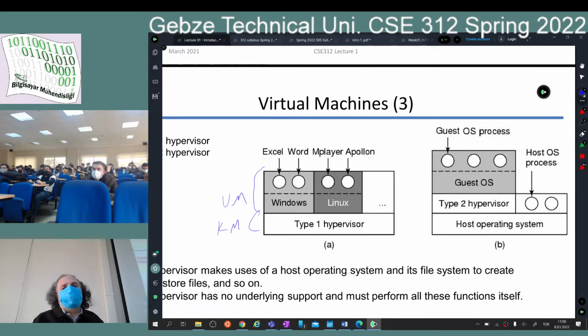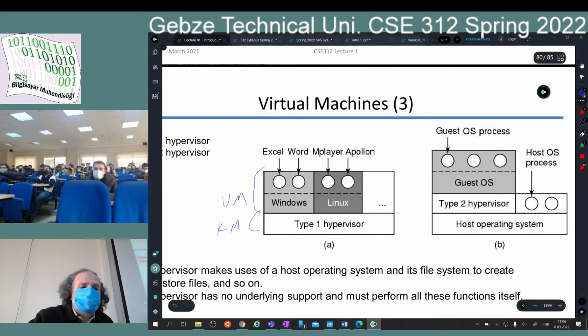The hardware needs a way of handling these kinds of privileged instructions, causing the proper trap, and the hypervisor will handle it. The hypervisor knows how many operating systems are running, and it does the scheduling and the memory management. This is not very complicated, and it is used a lot. This is type 1 hypervisor.